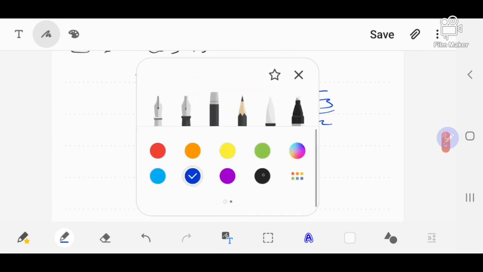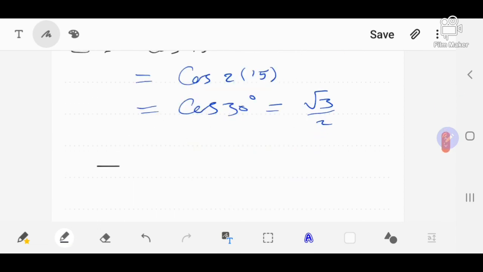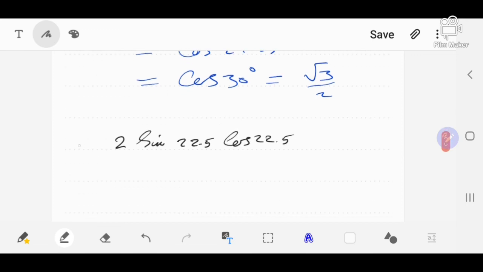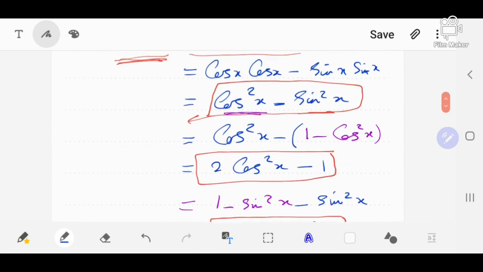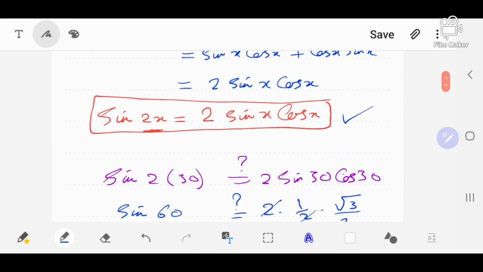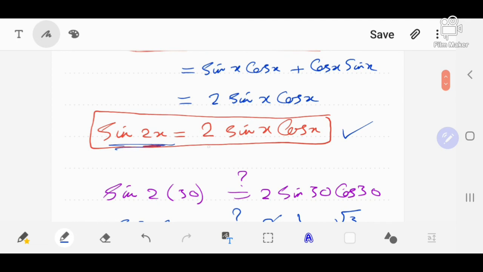Another one, let's say I wanted to evaluate 2 sine 22 and a half cosine 22 and a half. Again, what does this mean? 2 sine cosine of the same angle means I'm talking about sine double the angle.